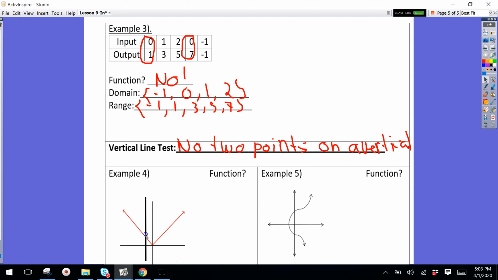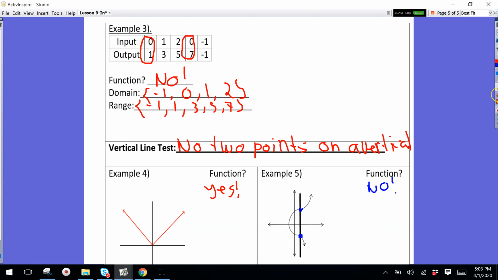So I'm going to check, okay, does this line ever hit twice? No, it doesn't. So this is a function, yes. There are no repeating x's wherever I look. Okay, so I'm going to take my vertical line and we're going to do it on this function. When I do it on this function, I see multiple times that I have 2 points that do have the same x value right here. So this is not a function, no.